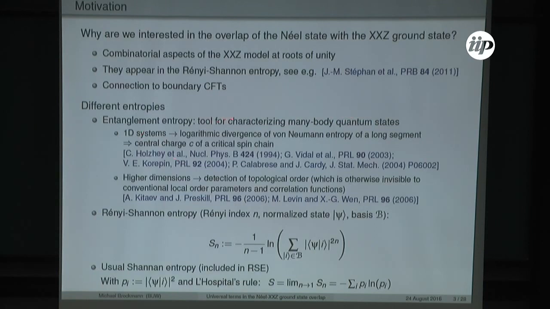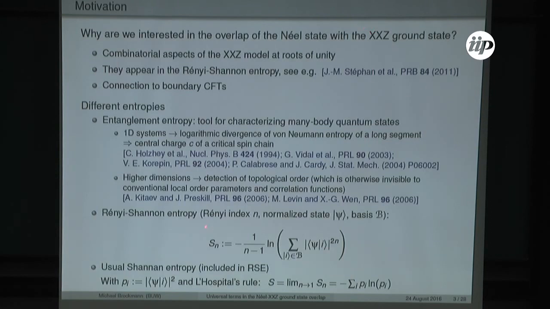As you probably know, there is a logarithmic divergent term in the von Neumann entropy, from which you get the central charge of the critical chain, and it's just a prefactor, I think it's c/3. This entanglement entropy can also be used in higher dimensions to detect topological order. I won't discuss this because here we are interested in a 1D system, in particular the XXZ spin chain.